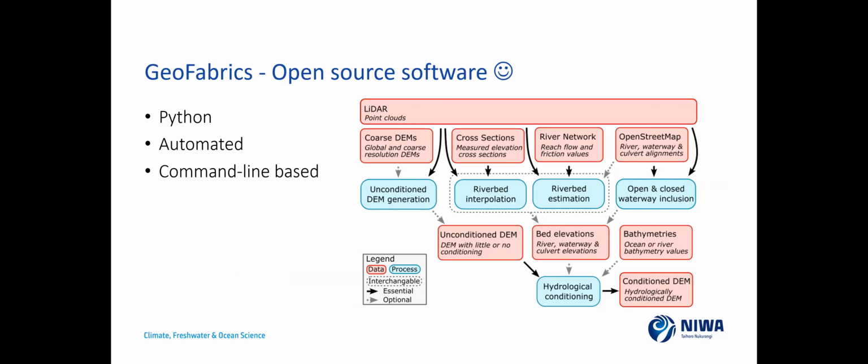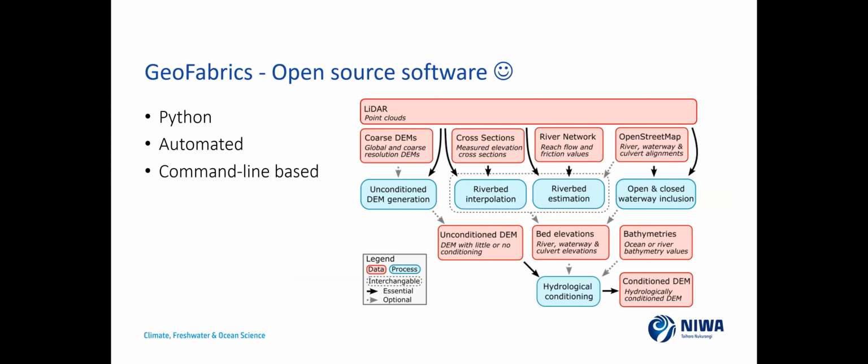So I've been tasked to make some sort of software or framework that could take in LiDAR where it existed and produce digital elevation models everywhere that could be used for flood modeling using hydrodynamic models. Well, it needed to be automated.